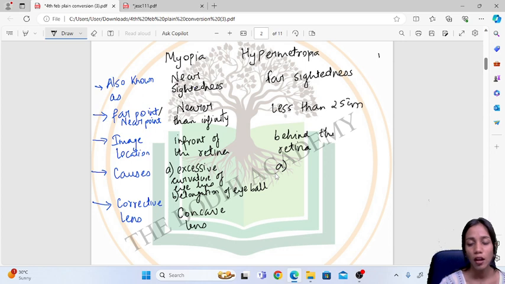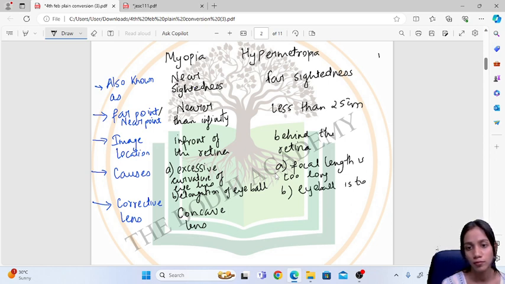So the focal length is too long, and second cause is that the eyeball has become too small. Okay, so when this happens in the person's eye, the structure of the eye, then the person is said to suffer from hypermetropia vision defect.